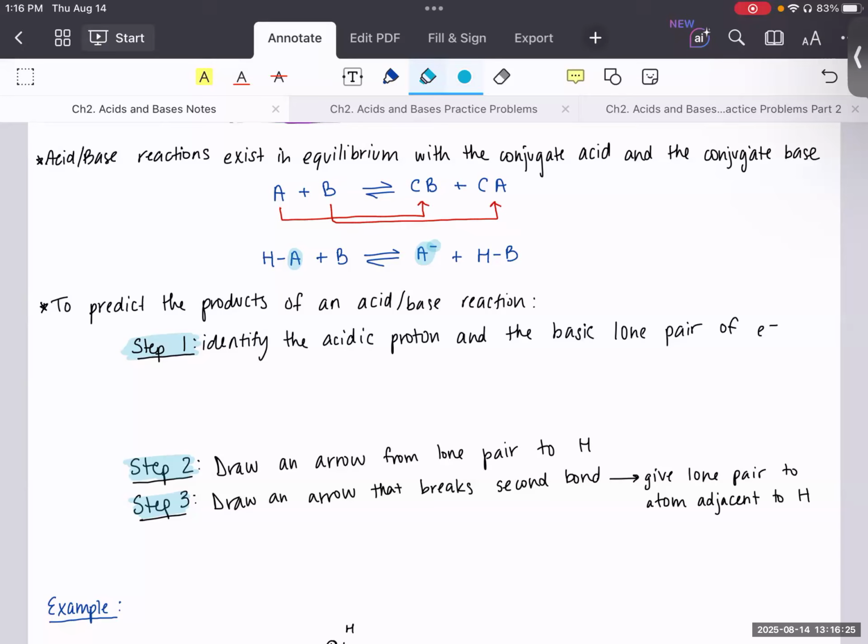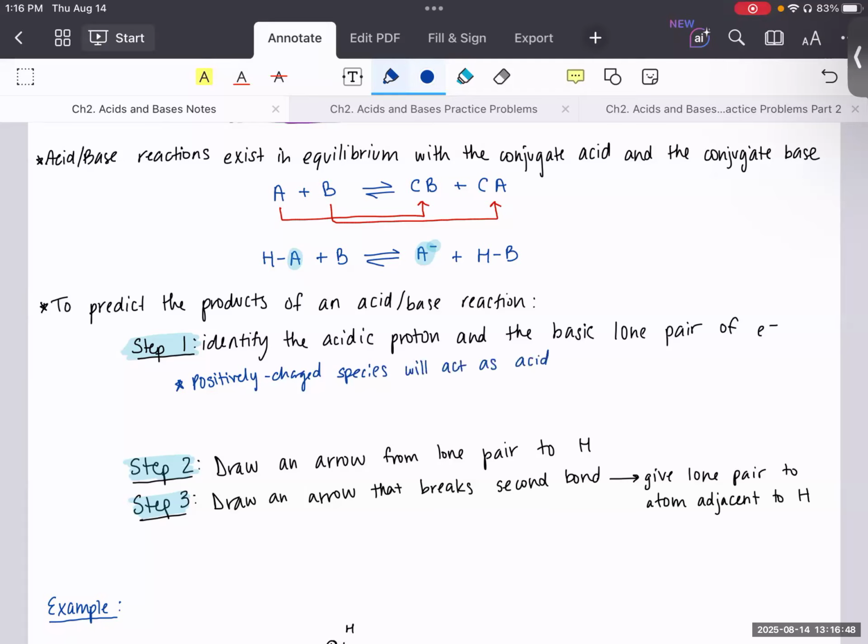So to predict the products of an acid-base reaction, the first thing you want to do is identify the acidic proton and the basic lone pair of electrons. And so a few tips for this. In general, positively charged species will act as the acid.